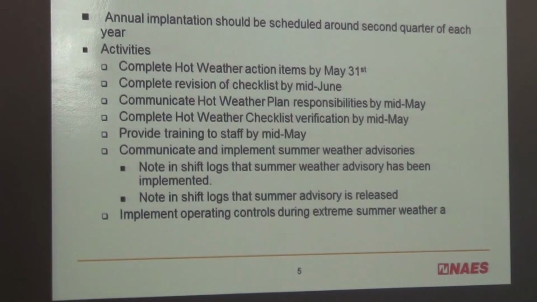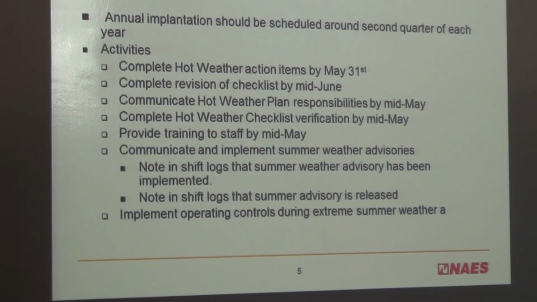Communication and implementation of summer weather advisories. So anytime that ERCOT issues an advisory, the person in the control room should make a note in the book about the advisory, the time, and that it was issued. And then, of course, they have to fill out the check sheet, which will come up in another slide here.